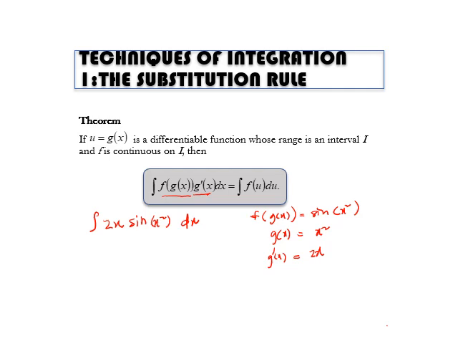Okay, I give another example. We have 2x squared exponent x power 3. So you see, x power 3 is the g of x, x squared here is the g prime x. So we can let u equals to x power 3.